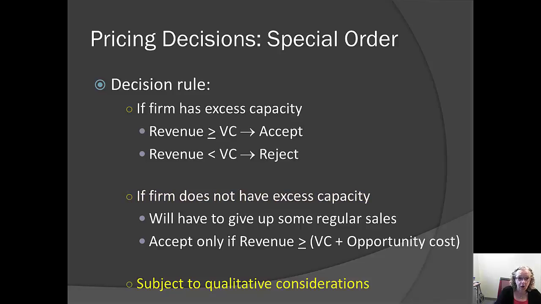But as always, these decision rules are only guidelines. After we've taken a look at what the dollars tell us, then we need to think about whether there are any qualitative considerations, non-mathematical issues that would make us choose differently. And we'll talk about that as we go along.